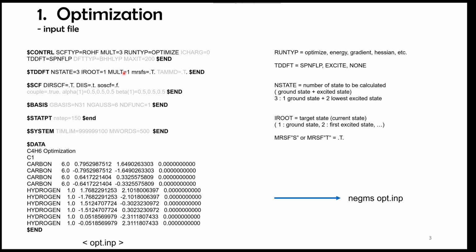No, and then you need to say MRSF T. Not true, it's T, okay. It's MRSF S and MRSF T. But if I take multiplicity equals 3, what happens? Oh yeah, then it blows up, I guess. Yeah, that doesn't make sense.